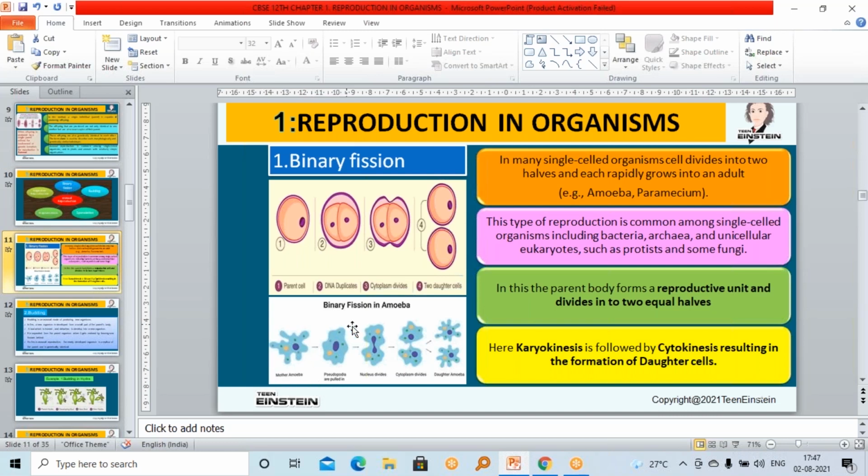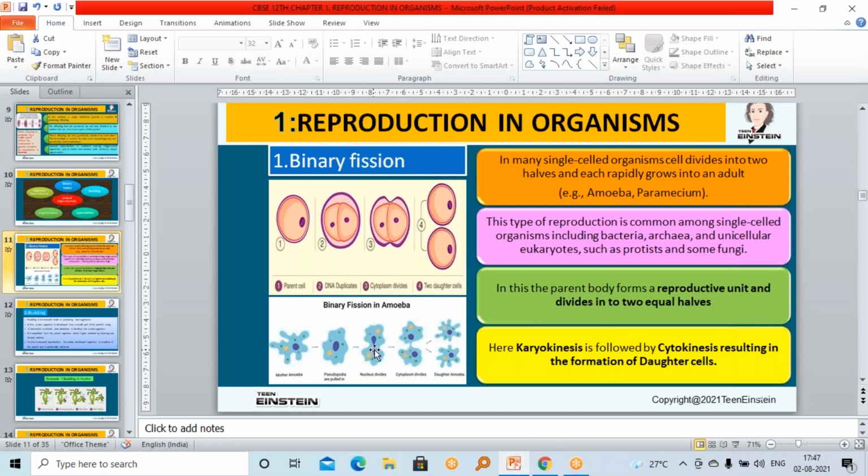Simple binary fission means that through any plane it will get divided, and it will form two equal halves. That is simple binary fission. What do you mean by longitudinal binary fission? Only through one longitudinal plane will it form two equal halves.